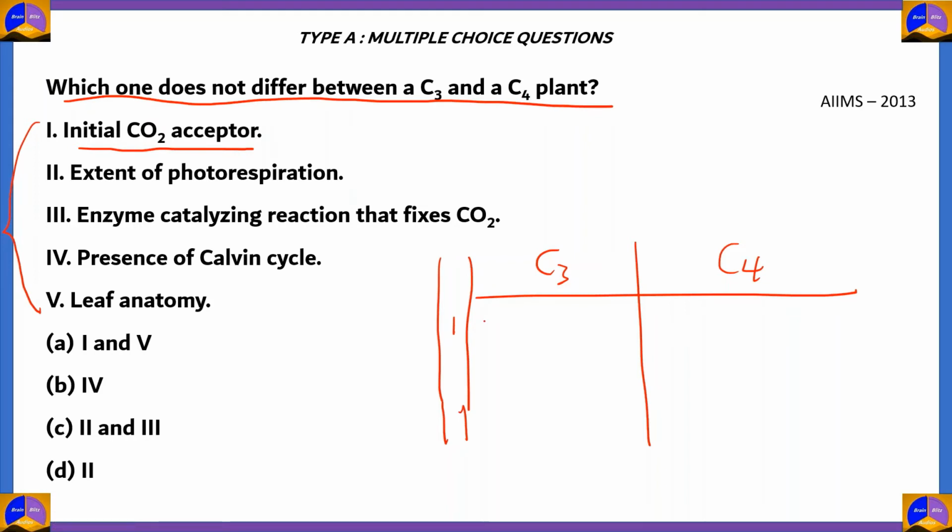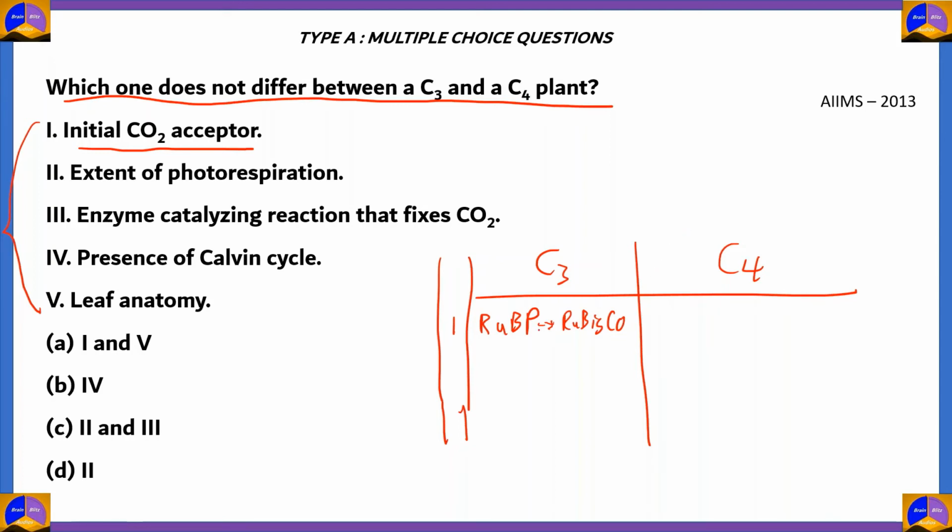In C3 plants, the initial CO2 acceptor is RuBP, ribulose bisphosphate. And when the CO2 is accepted, it then undergoes fixation using the enzyme rubisco. So this is found in a C3 cycle and in C3 plants.